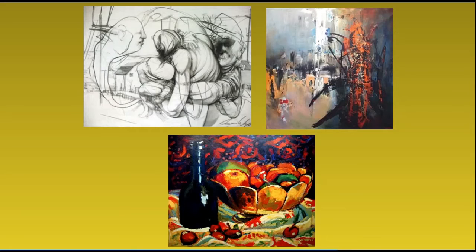Contrasting elements are also the colors, like the green and violet, the red and blue, the black and white. So when you combine these contrasting elements, that is what we call the variety.